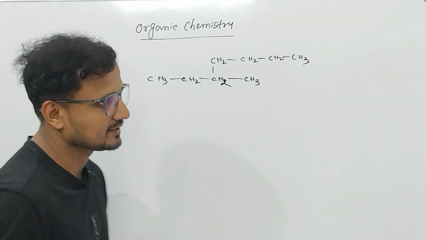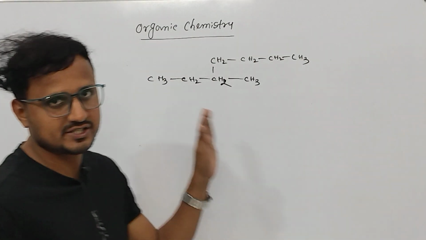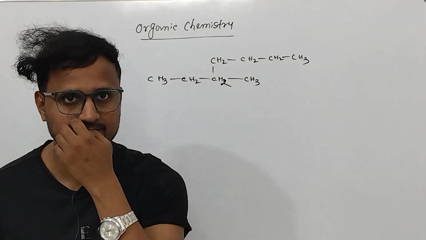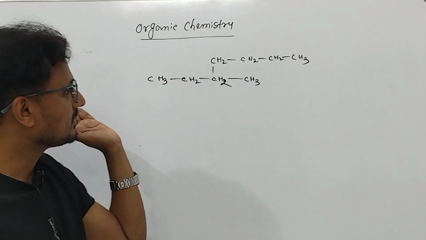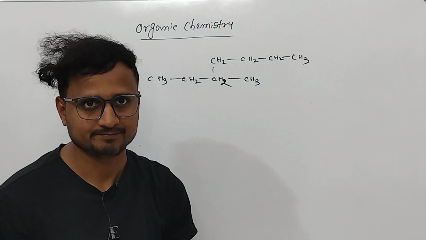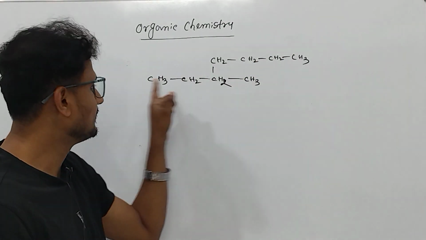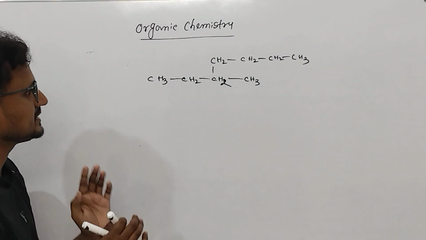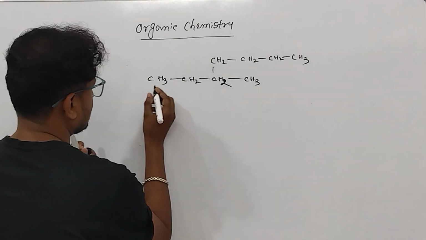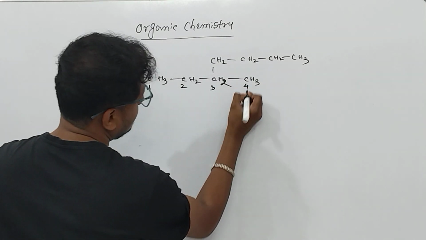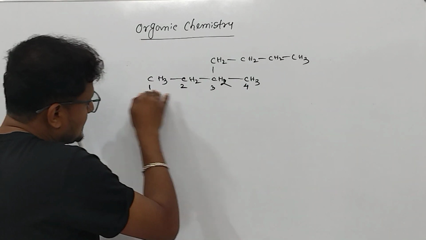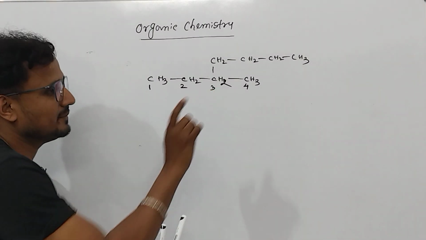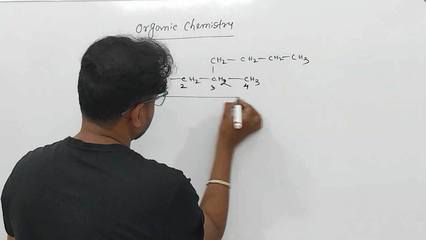Okay, you have to find out a chain which has a greater number of carbons. You have to number the carbons from any one end, like from this end or from that end, 1 2 3 4, like that. So suppose I start numbering from here, 1 2 3 4, I go like this. So in a chain, how many carbons are there? In a chain here, how many carbons are present? 4. In this chain, 4 carbons.